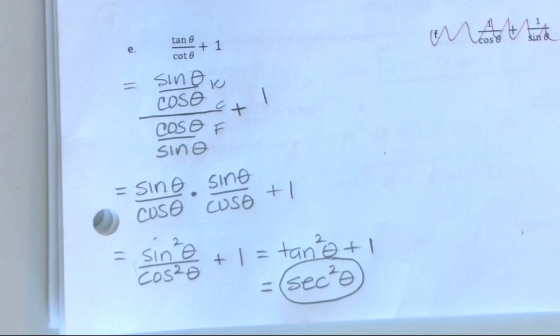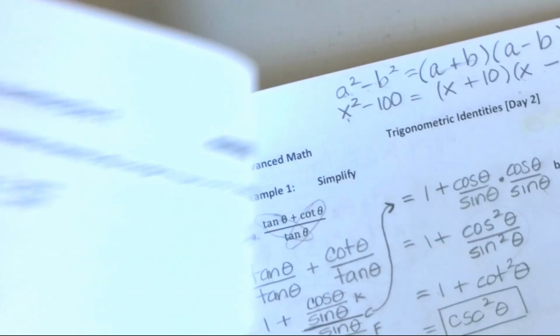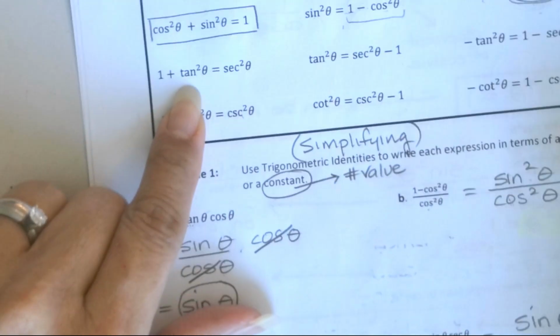Alrighty. Last one. Any questions thus far? We're good. In your Pythagorean identities section, right in your formula chart, this one right here.